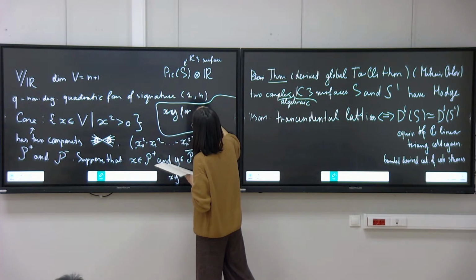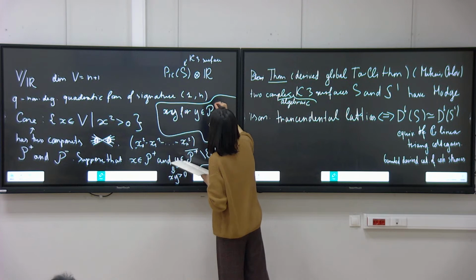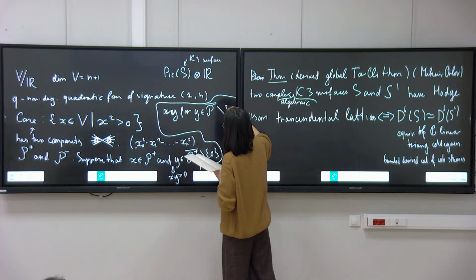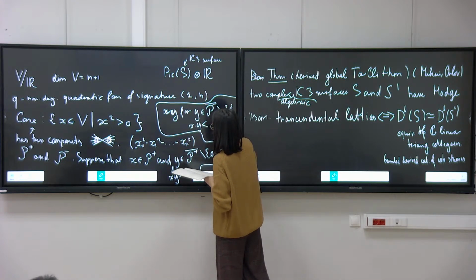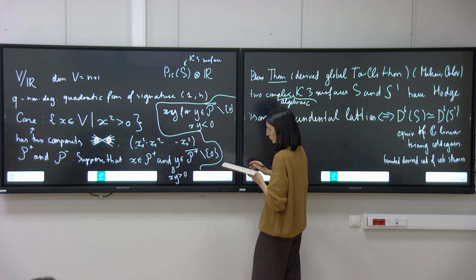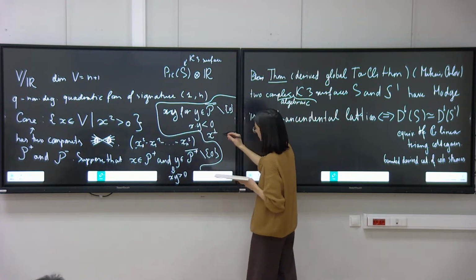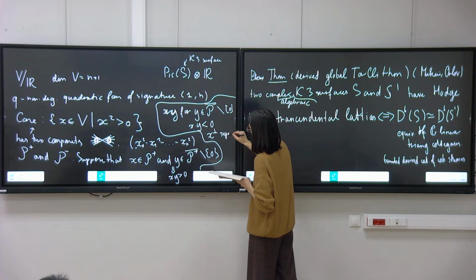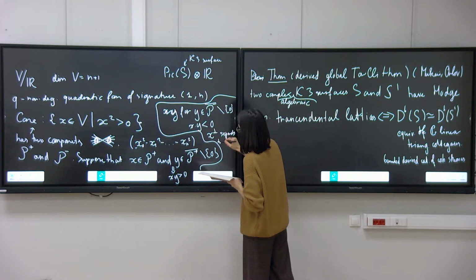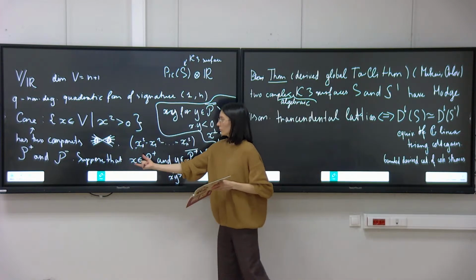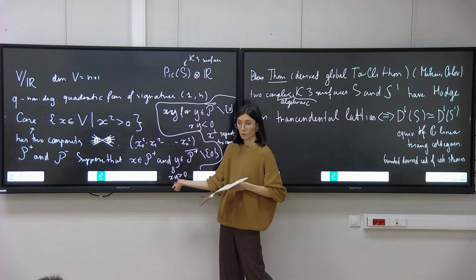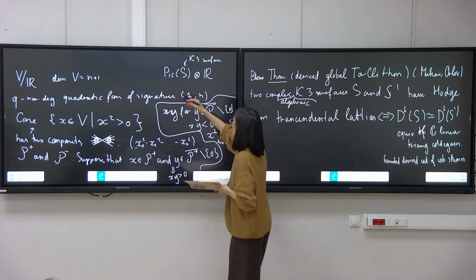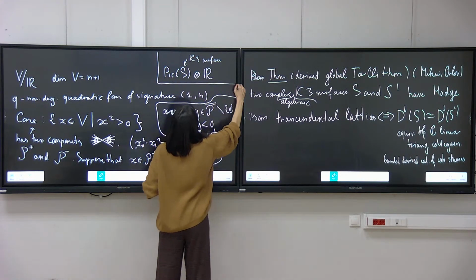For an element from the other component, we have negative self-intersection, and this hyperplane separates the two components. So we can say that two elements lie in the same component if their intersection is positive. Okay? And now let us discuss what we have here.